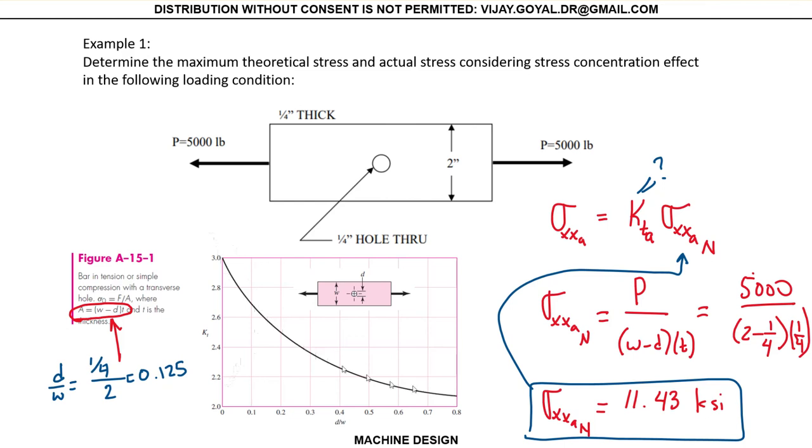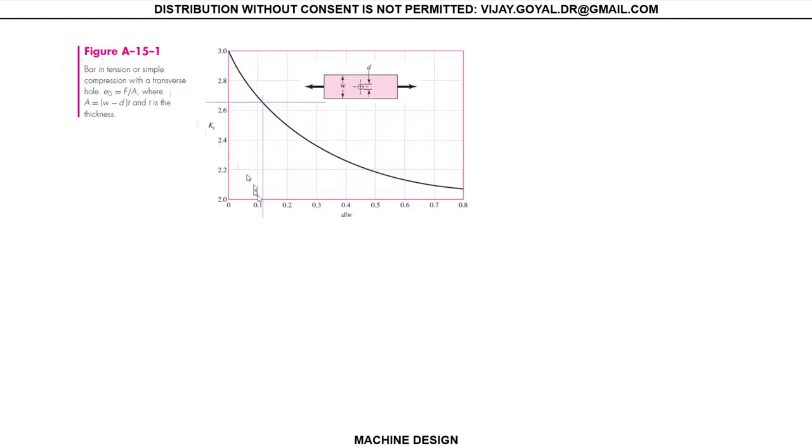I only have one curve, so I go to the chart, and when you find this value, 0.125, approximately, it intersects there. This is 2.7, so you could say, this is eyeballing everything.